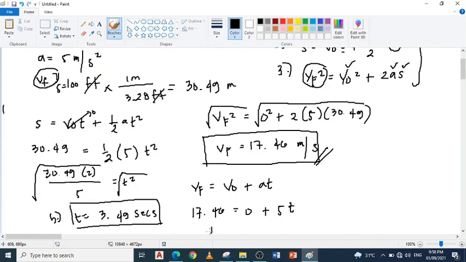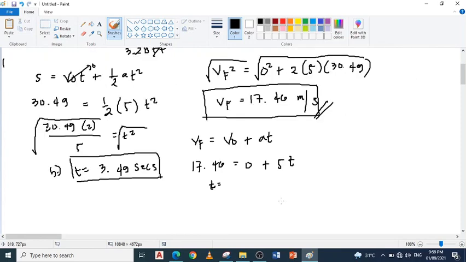So, to compute for time, is equal to 17.46 divided by 5. So that is equal to 17.46 over 5. So we have 3.49. So they are the same. Okay. So they are the same.